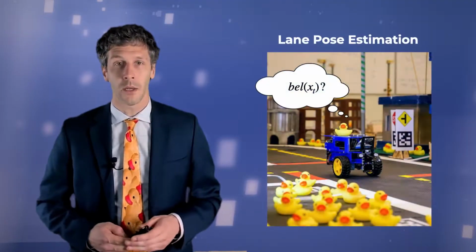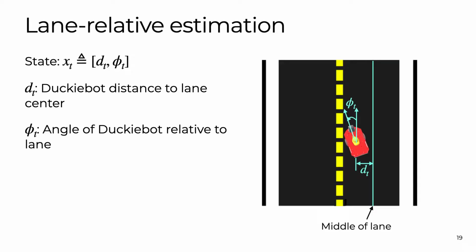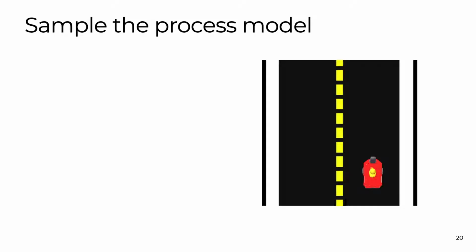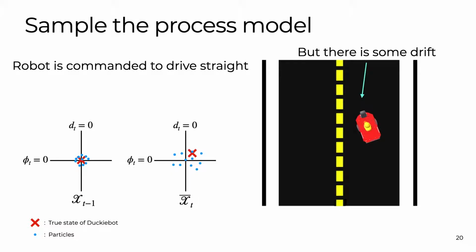Now let's take a look at what this would look like in Duckietown for the lane localization task. Again, we will only concern ourselves with the distance from the center of the lane d and the angle relative to the lane phi. Just like last time, consider that our duckybot is placed near the center of the road. We can sample an initial particle set from a Gaussian or a uniform prior. Then we receive a control action which causes the car to move. Our particles will be sampled through the motion model and will consequently disperse.